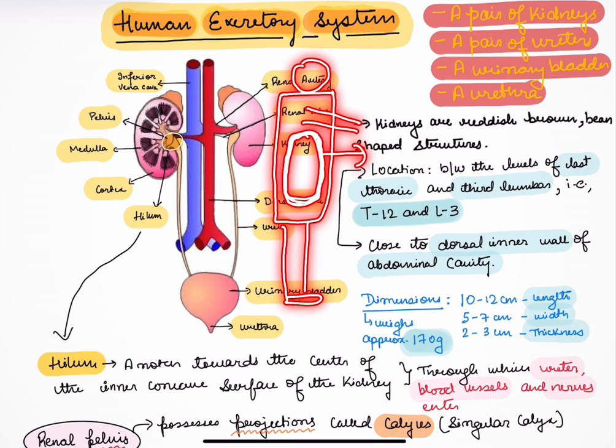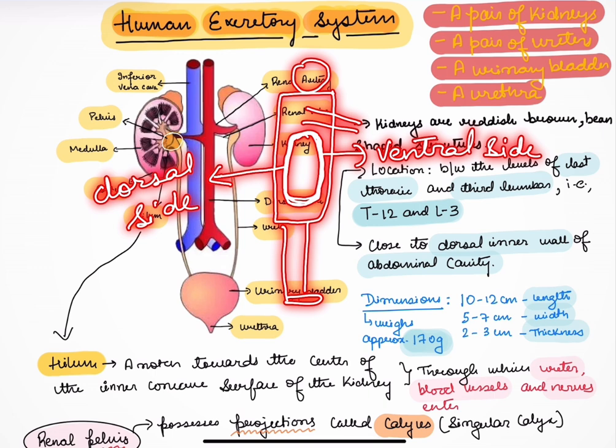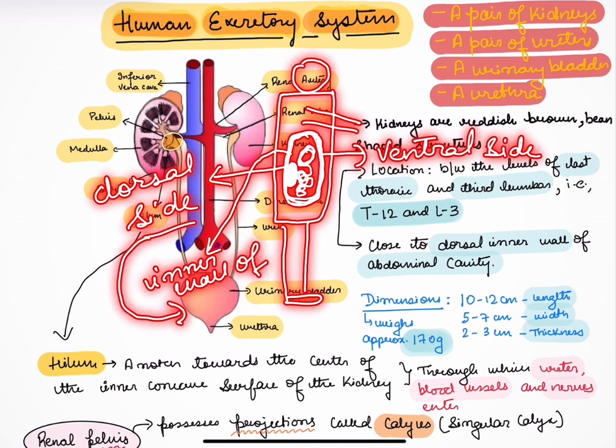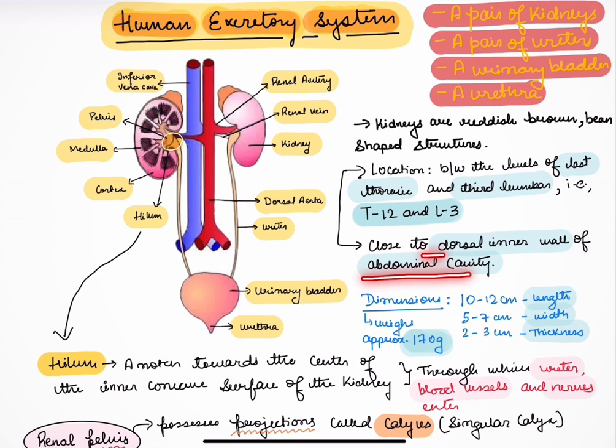This is the front and this is the ventral side of the abdominal cavity, whereas this is the dorsal side of the abdominal cavity. And in this abdominal cavity, we know that the stomach and the intestine as well as various other organs reside. So here the kidney lies according to this statement. So this is the dorsal side as well as the inner wall of the dorsal side of the abdominal cavity. So there the kidney lies.